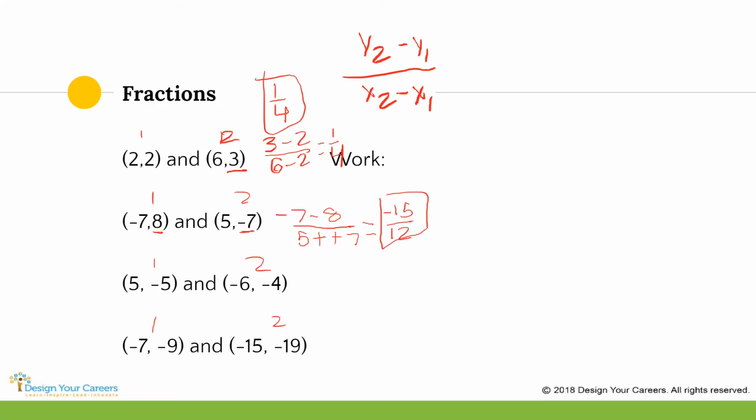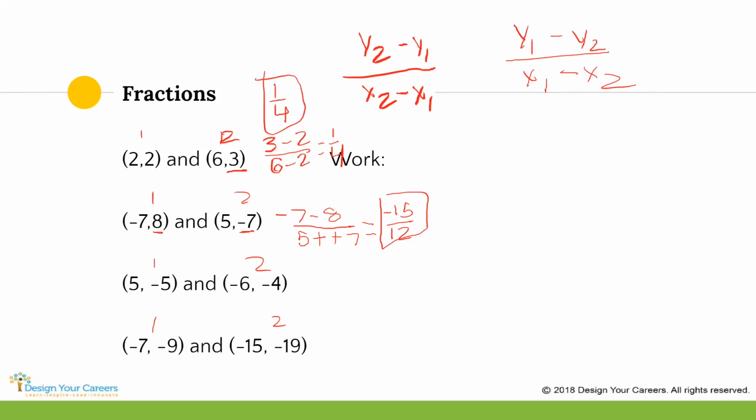All right, now let's do the next one. For this one, I want to switch it up a little bit because I want my values to add up nicely and cleanly. I am actually going to do y1 minus y2 divided by x1 minus x2, because I already showed you guys that this worked before.